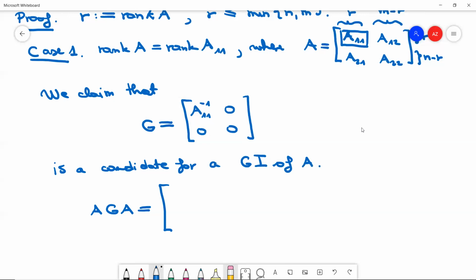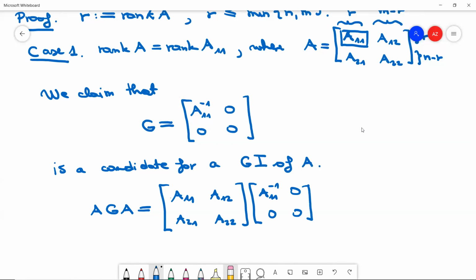So we can do this in the same way as usual matricial computations, matricial multiplication. So we have A11, A12, A21, A22, and then we have this G, A11 inverse, and zeros, and again A.